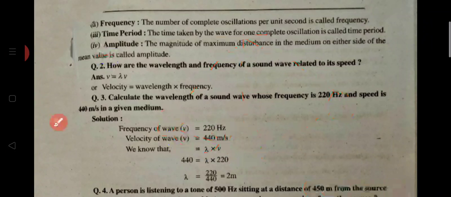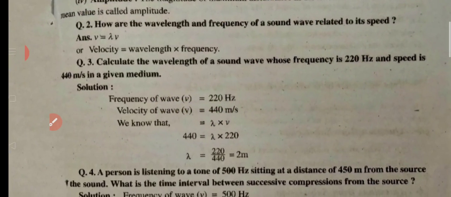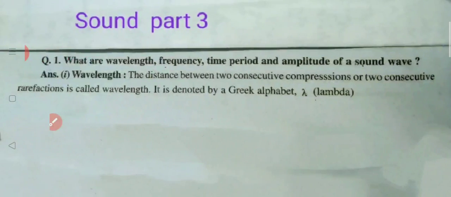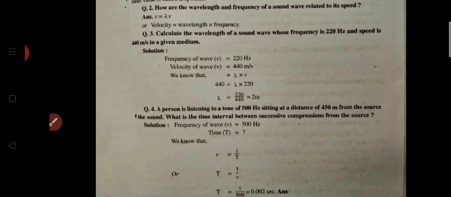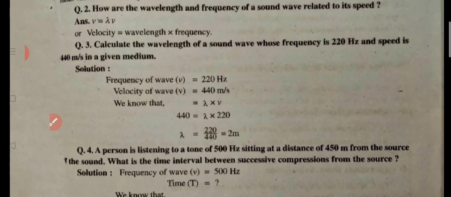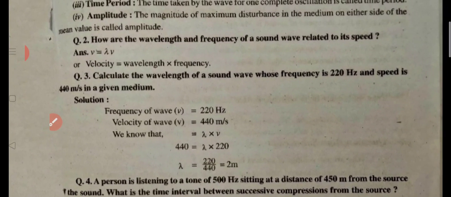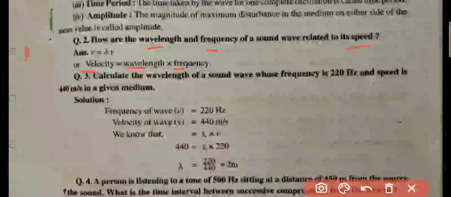Now we will solve a few numericals. Before the numericals, we will discuss the formula. How are the wavelength and frequency of a sound wave related to its speed or velocity? We know the velocity is equal to the product of wavelength and frequency.